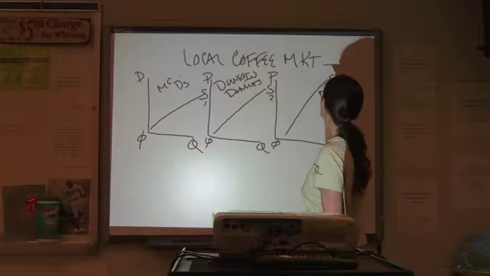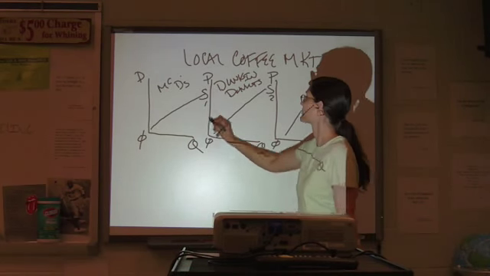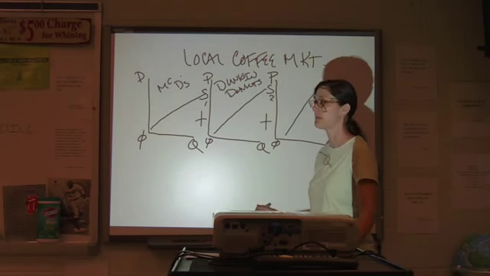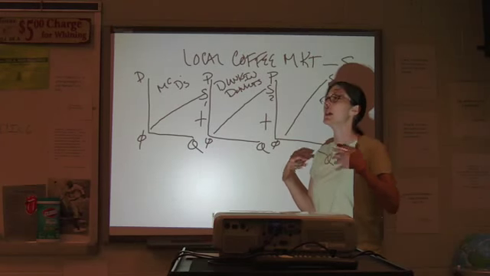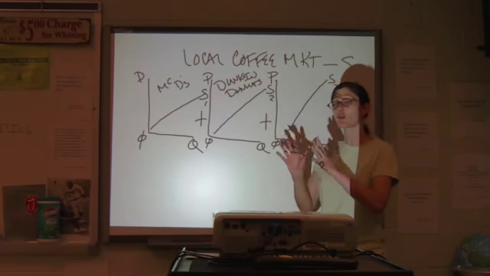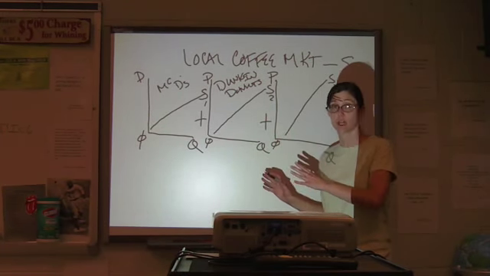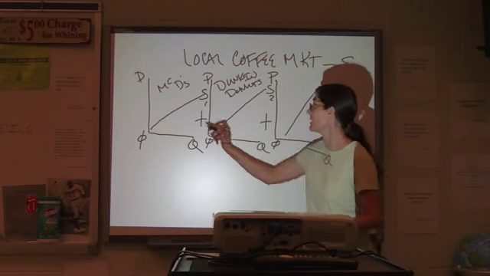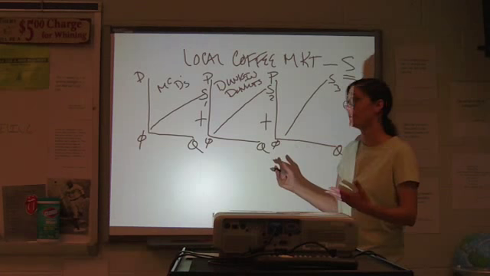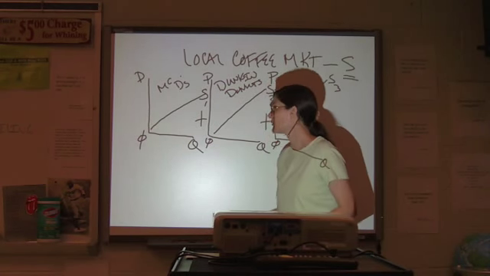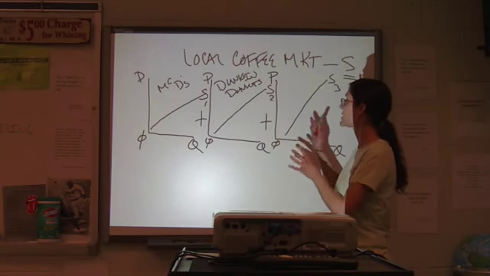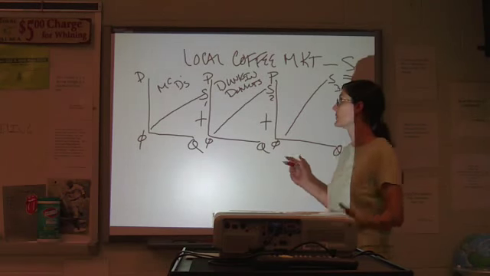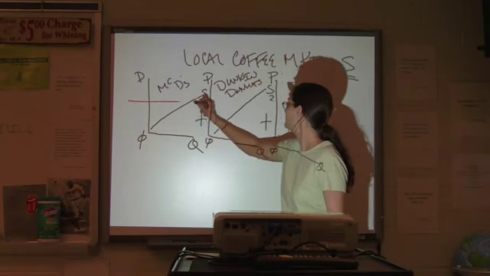So if we add these three supply curves together horizontally, just like we said that the market demand is a horizontal summation of individual demand curves, the market supply is the horizontal summation, meaning you're adding across your individual supply curves. So how do we go from these three stores to a market supply? Pick a price level.